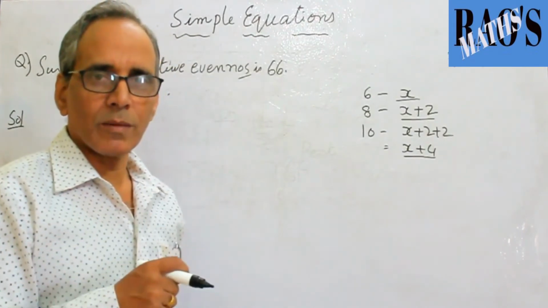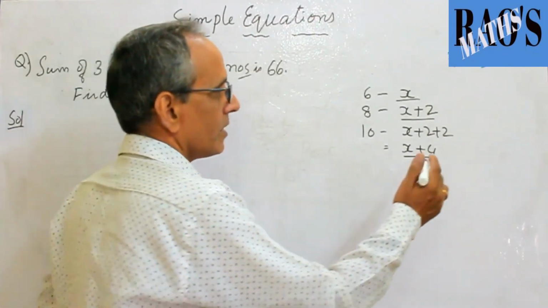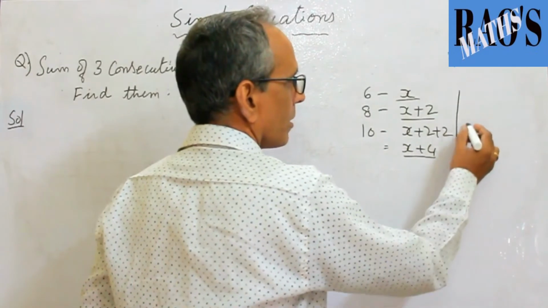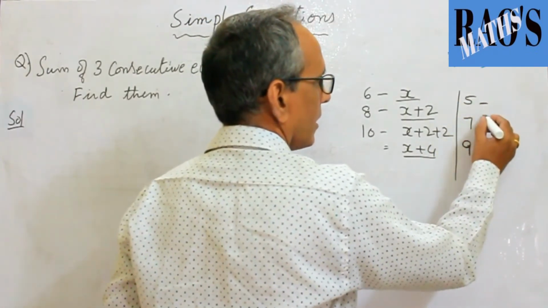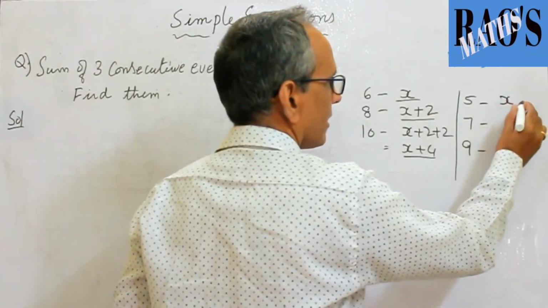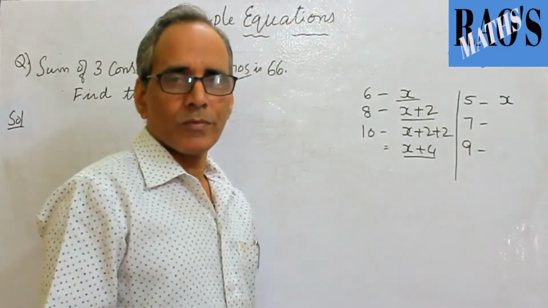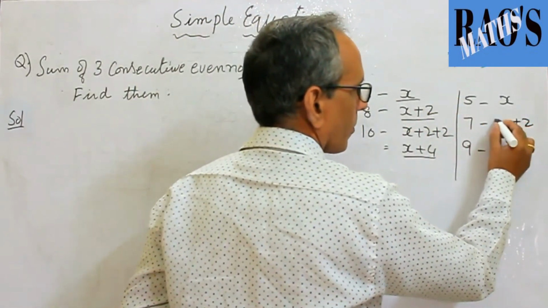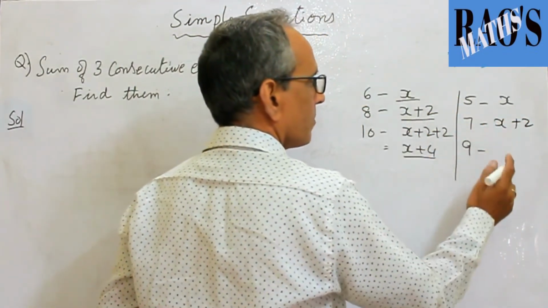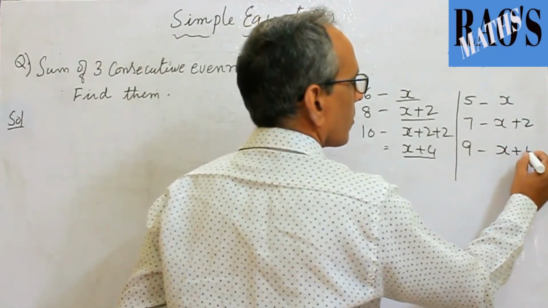Is it different for odd numbers? No. Let me see here. I write three consecutive odd numbers, say 5, 7, 9. If I define the first one as x, the next odd number is obviously 2 more than the first one. The same, so x plus 4.